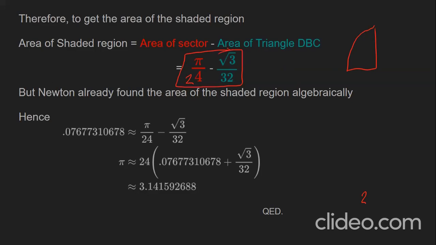But he already figured out what the shaded region was using his binomial expansion. So when he solved for pi, he got 3.145926888. And that is how he approximated pi.